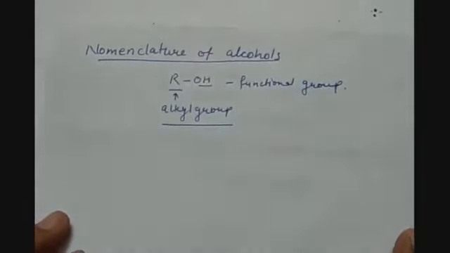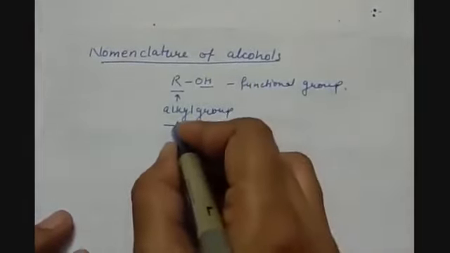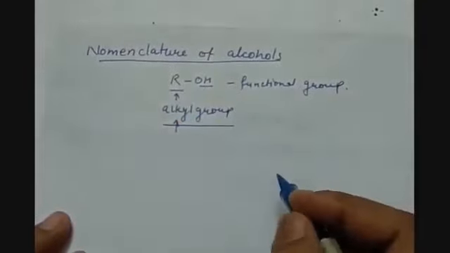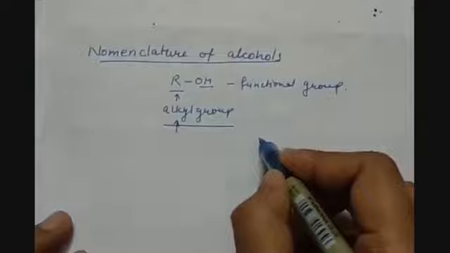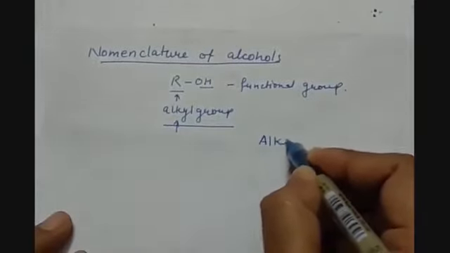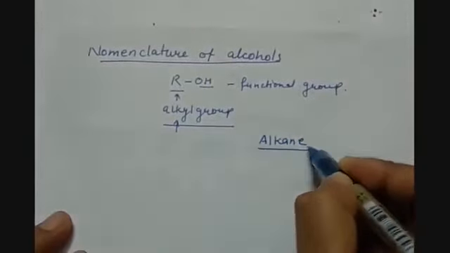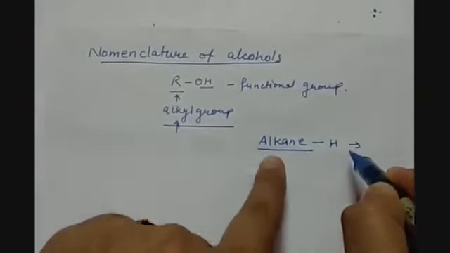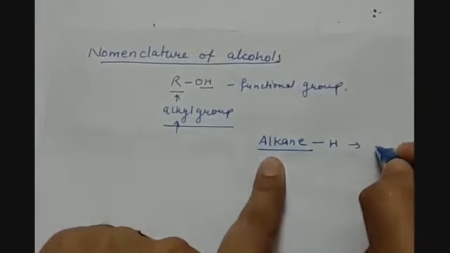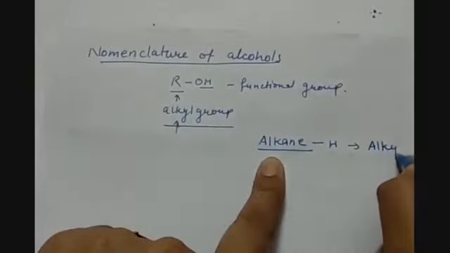What is an alkyl group? The word alkyl has been taken from alkanes. When we remove one hydrogen from an alkane, the remaining part becomes alkyl.